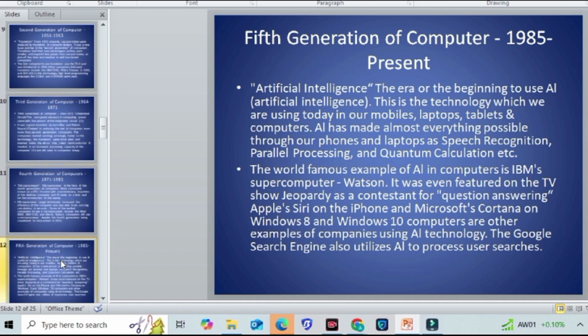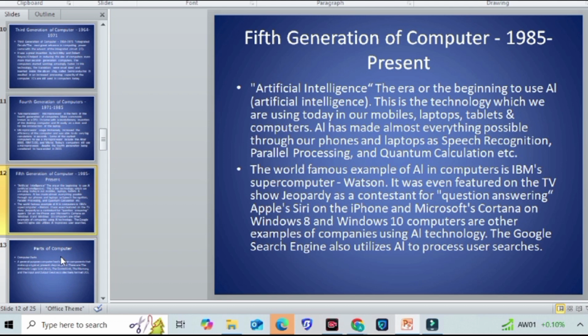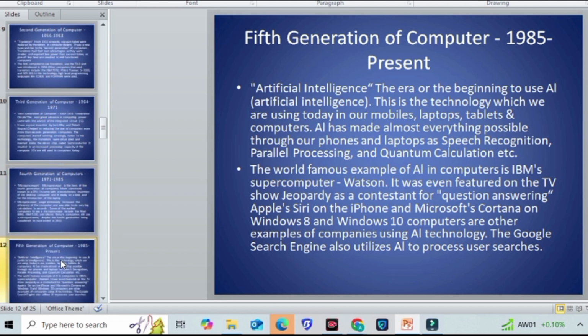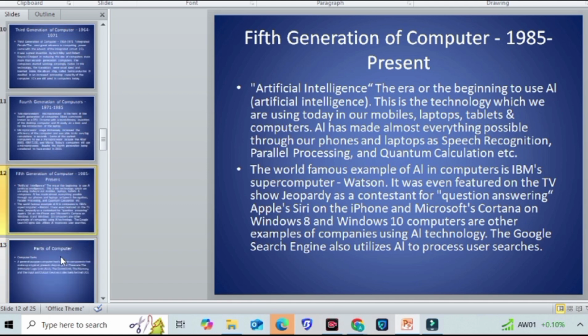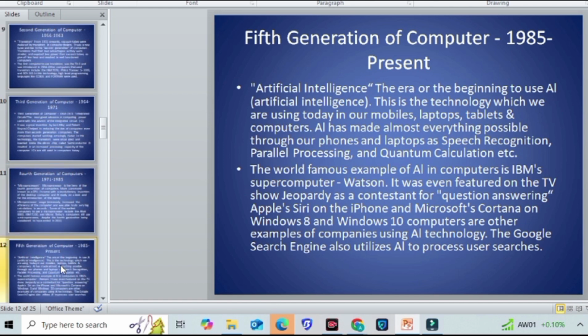The world-famous example of AI in computers is IBM's supercomputer, Watson. It was even featured on the TV show Jeopardy as a contestant for question answering. Apple's Siri on the iPhone and Microsoft's Cortana on Windows 8 and Windows 10 computers are other examples of companies using AI technology. The Google search engine also utilizes AI to process user searches.